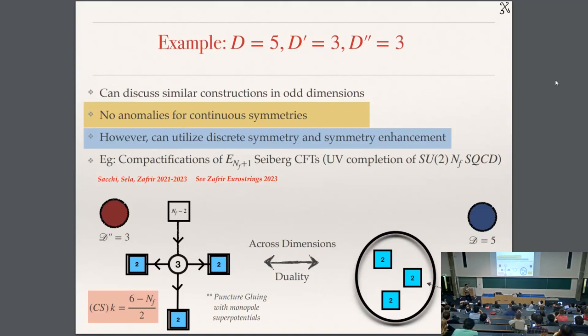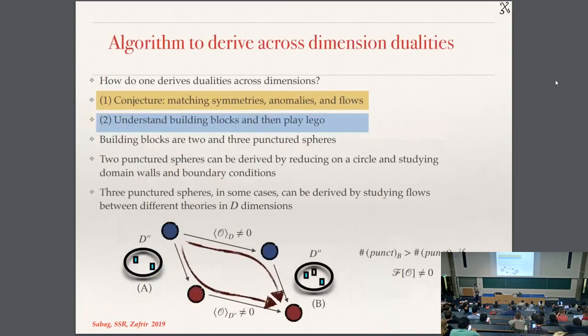So it's much harder to test dualities, but nevertheless, you can do this by studying emergence of symmetry that you expect from the 4-dimensional theory, studying discrete symmetries and so on. And here is an example of a duality recently derived. In 3 dimensions, the field theories are richer. Maybe 3 dimensions is the richest setup for studying quantum field theories. For example, you have Chern-Simons levels that you can turn on for various groups, and monopole superpotentials that I have already mentioned.